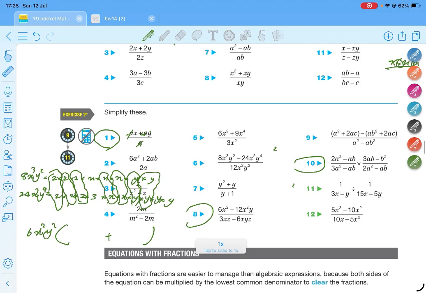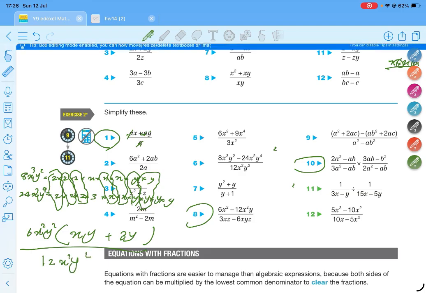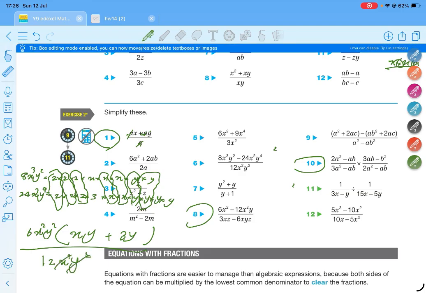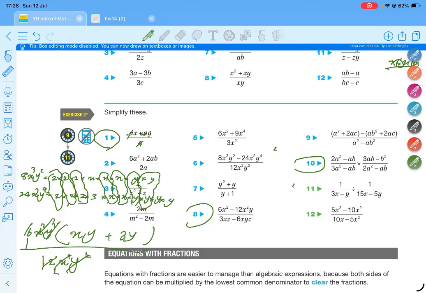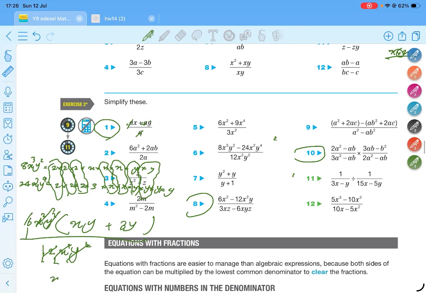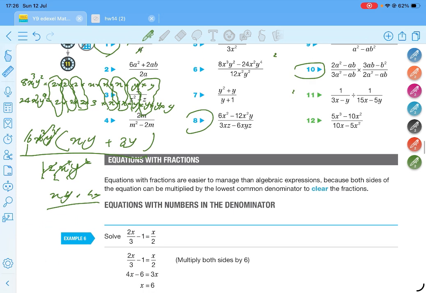Then here xy 3y, right? There is a denominator part. Denominator is 12 x to the power 2 y to the power. This and this can be simplified, 1 and 2. xy plus 3y over 2.